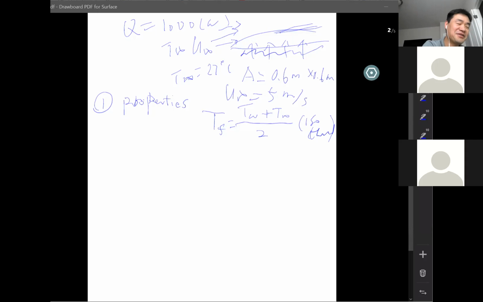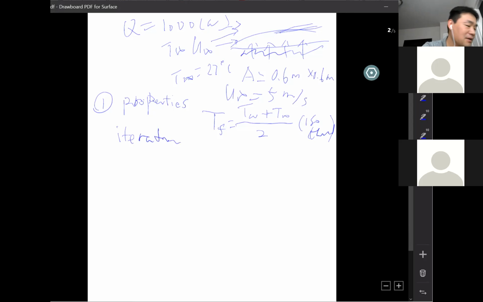If you see an iso heat flux problem, actually it's not really easy to do. The question here is to find the average wall temperature. But before you know the wall temperature, how do you calculate the film temperature to evaluate and find the properties? For an iso heat flux problem, if you see it next time, you need iteration.